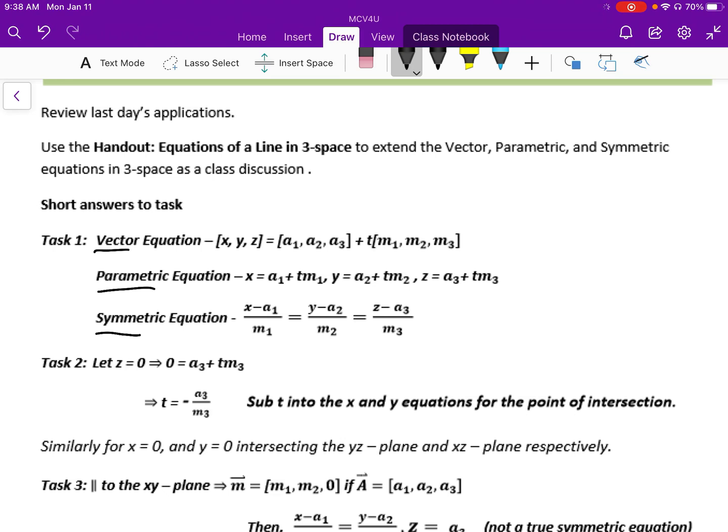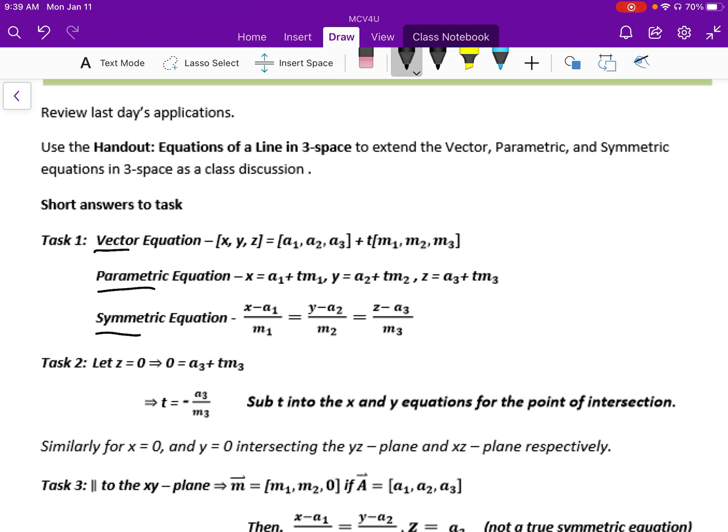So in 3D for the vector equation, instead of just x, y, we have x, y, z. For the point on the graph, instead of a1, a2, it's a1, a2, a3. And the direction vector has the third component, m3.